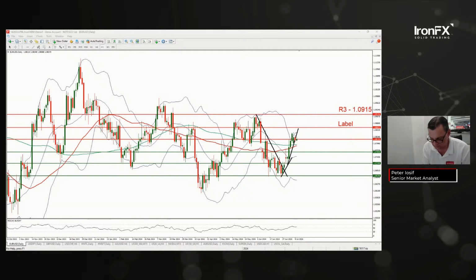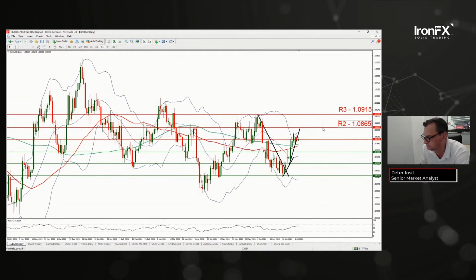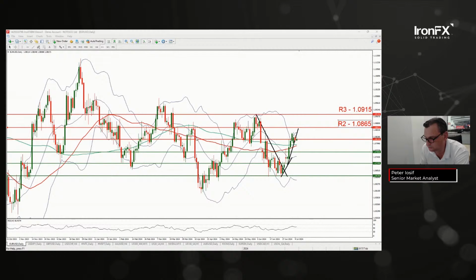1.0865. That's better. The R1 being set at 1.0815. It's currently being tested.